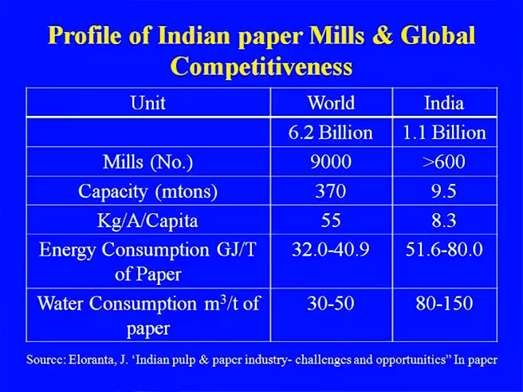This is about the other parameters, if you compare the profile of Indian paper in global competitiveness. Population is 6.2, 1 point something more than 1.2 now, and around 7 billion globally. Mills: 9,000 globally, less than 600 in India. The 600 is a very confusing figure, because we have a number of handmade paper and small, lower capacity units included in the total.